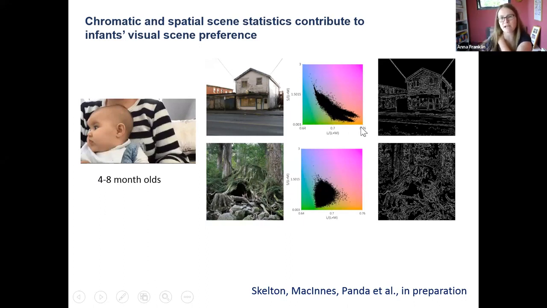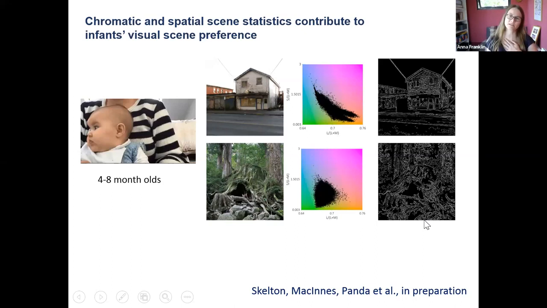And you can see it forms a cloud. It's actually typical for natural scenes, this image, because it forms this cloud along the daylight axis. And we've done the same for this image down here. And then we're also analysing various spatial properties. So here, for example, we're calculating the edge density of this image as well.